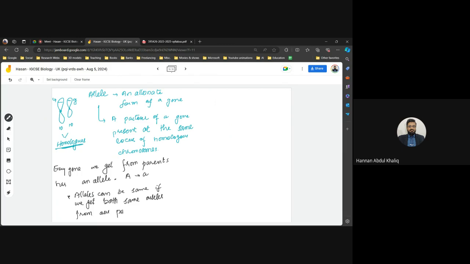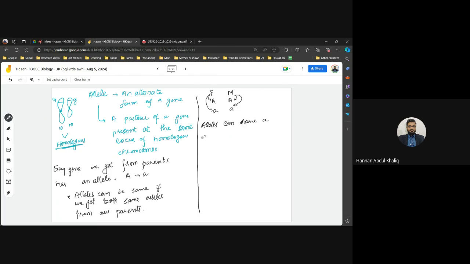Meaning that we can get A from father and we can get A from mother. Or we can get small a from father and we can get small a from mother. Given that, suppose A is the gene, so this allele can be same. Alleles can be same.